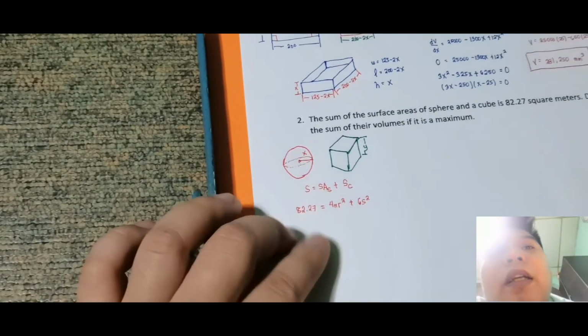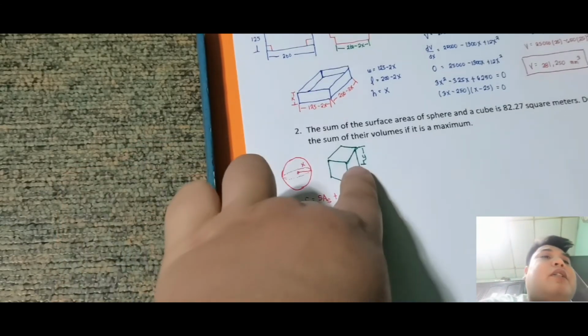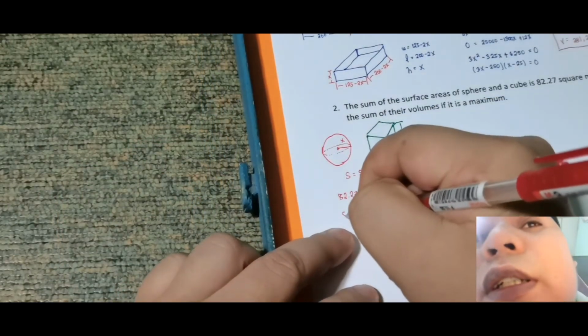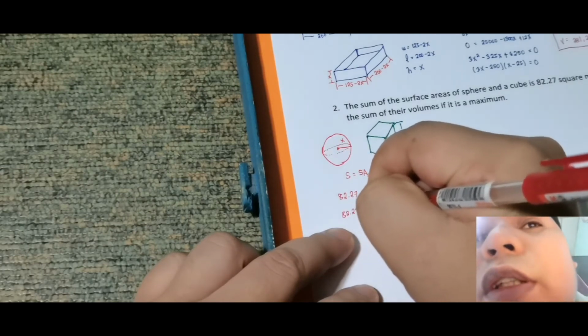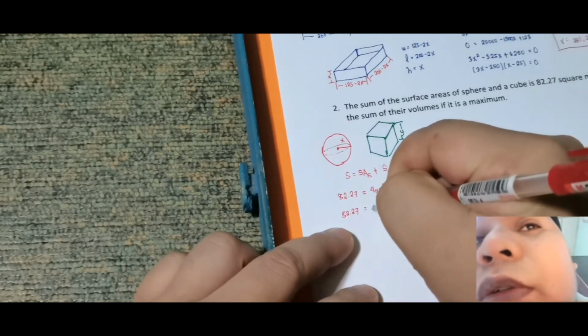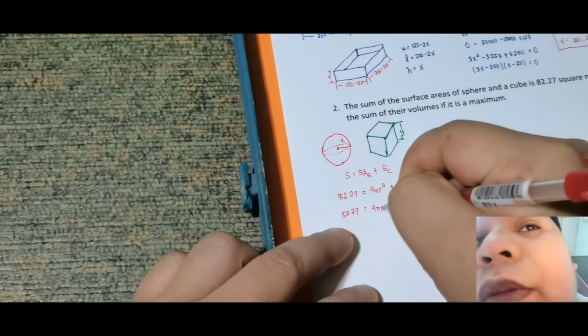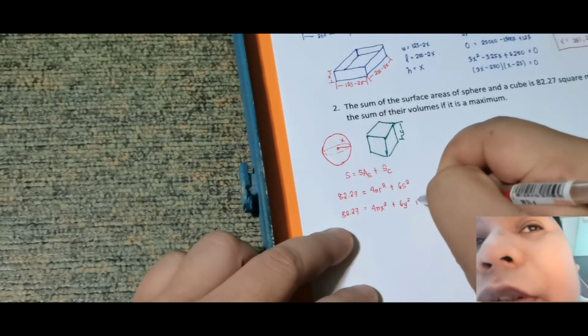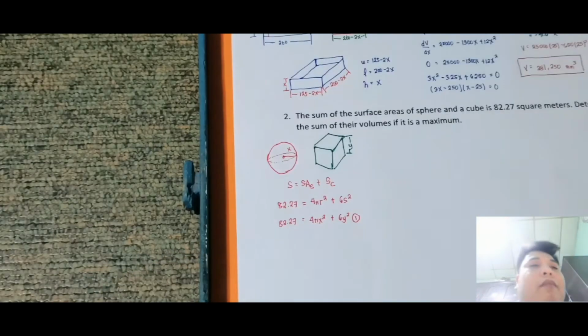Okay, where yung r natin is x, then yung s natin is y. Okay, then substitute natin dyan. So this is just 82.27 is equal to 4 pi x square plus 6y square. So let me call this equation number 1. Okay, so may equation number 1 tayo.